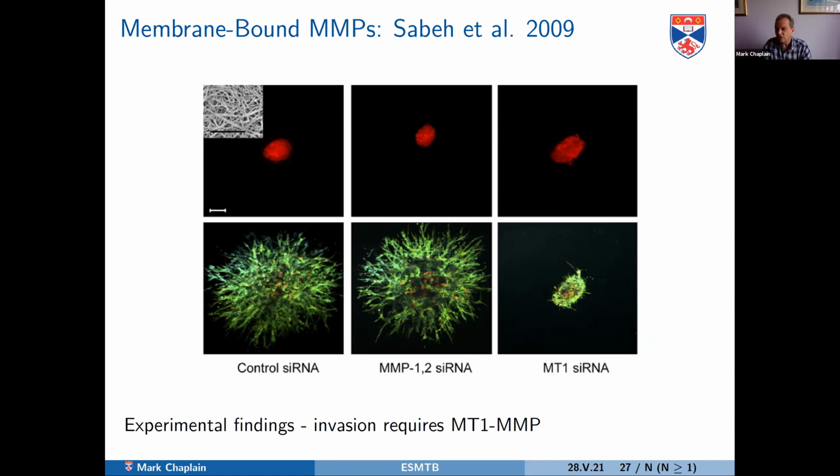And then the right-hand column is what happens when you knock out the membrane-bound MMPs. And when you knock out the membrane-bound, the invasive spread is very, very much reduced, and it almost doesn't invade at all. So their conclusion was that without these membrane-bound proteinases, invasion was really hard to take place.